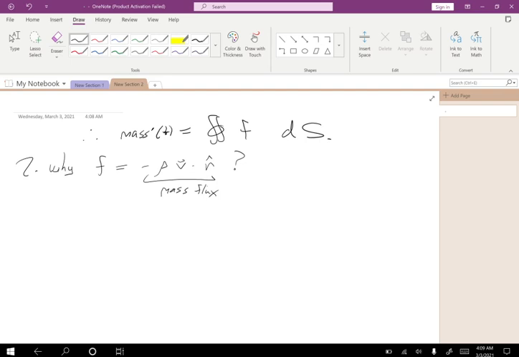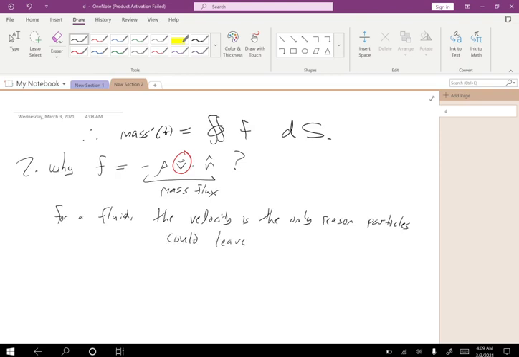And so now the real question is, why is this v here? And the whole point is that for a fluid, the velocity is the only reason particles could leave our region.